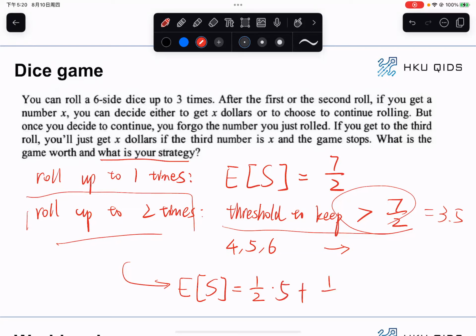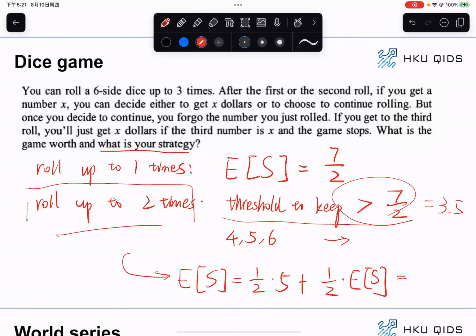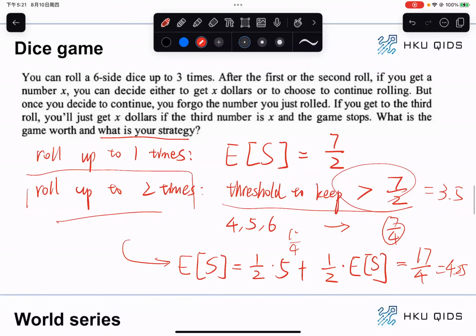And we have another 1/2 probability to get 1 to 3, where we're going to toss it again, and it is going to be multiplied by the expected ES1, right? Because for the second time, we are going to accept any number it reveals. So in total, this is going to give us 7/4 here, and this is 10/4. So basically we have 17/4, which is just 4.25, right?